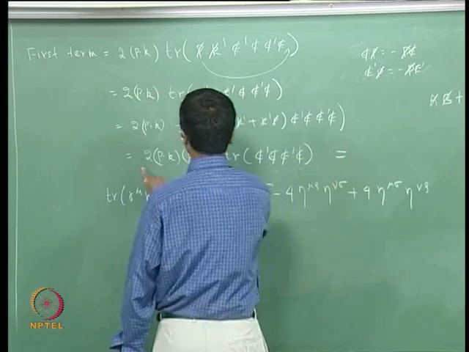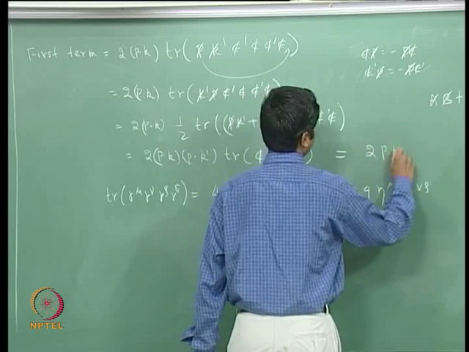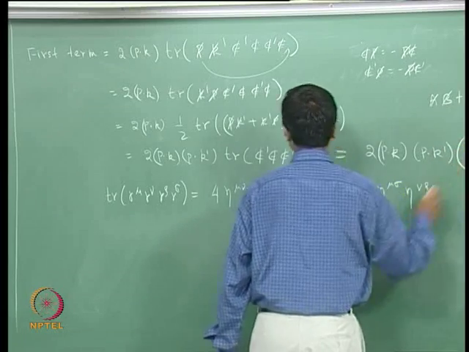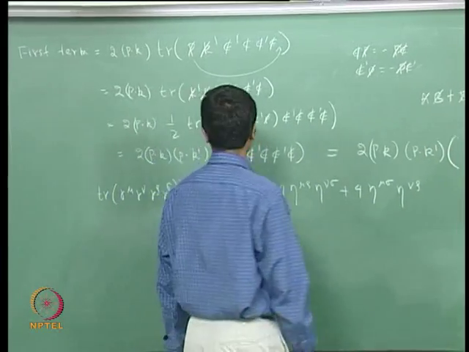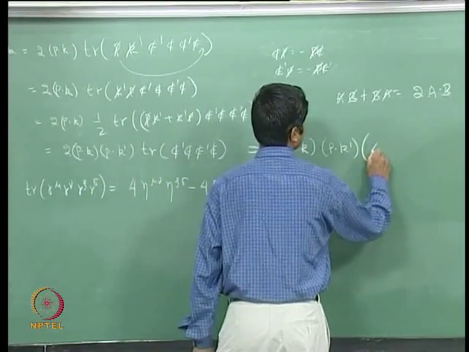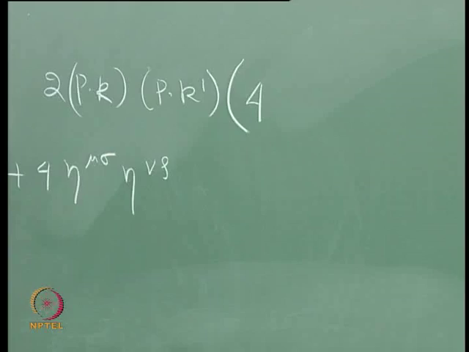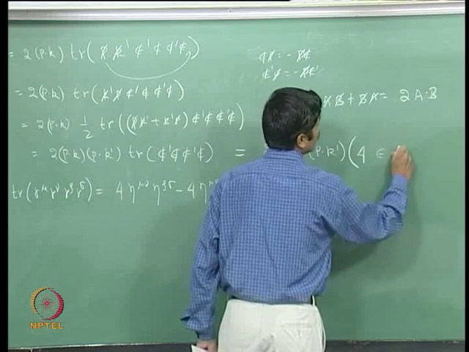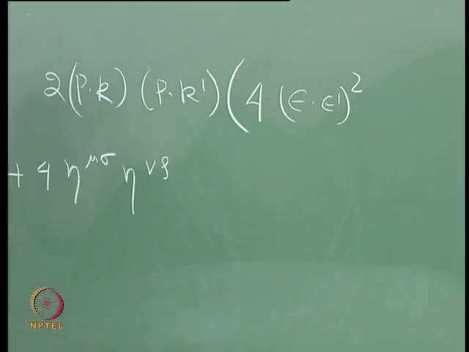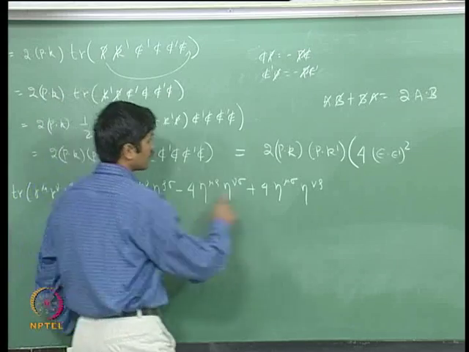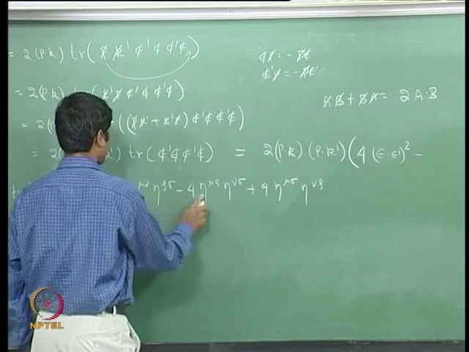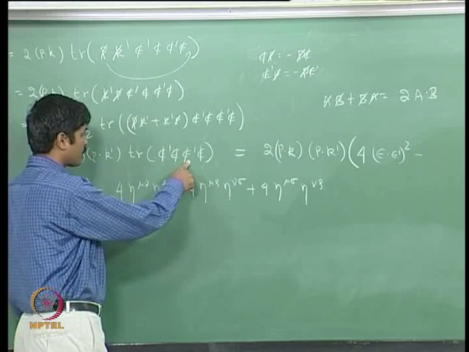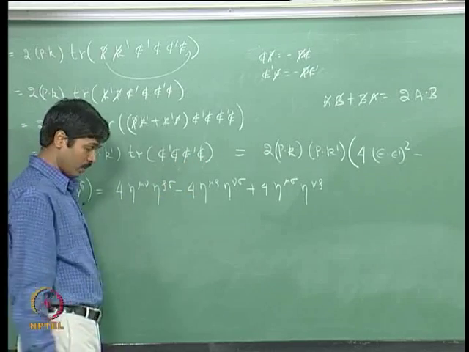This will simply be given by twice p dot k prime times 4, the first term mu nu rho sigma will give you epsilon dot epsilon prime whole square, then you have minus eta mu rho nu sigma. We will say that first one will have dot product with the third one, second one will have with fourth one.